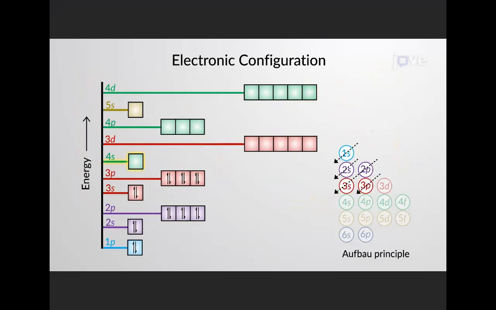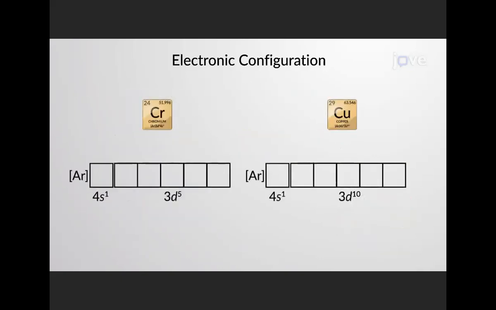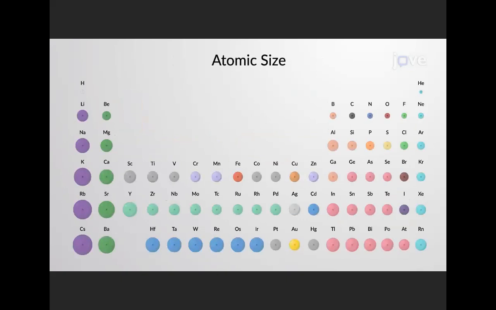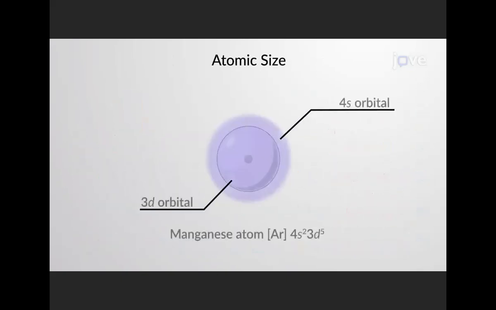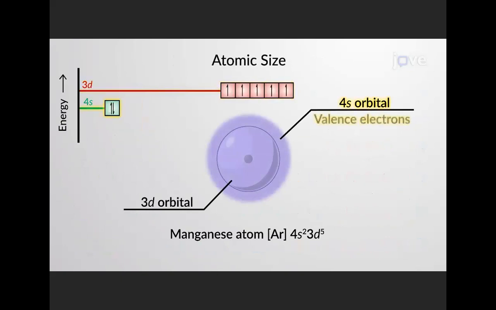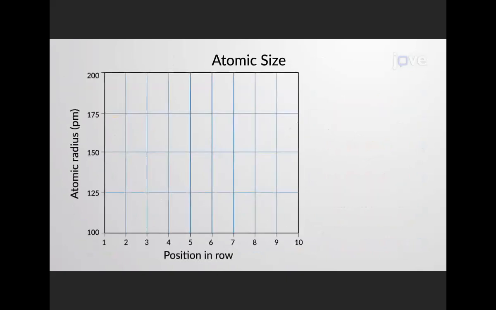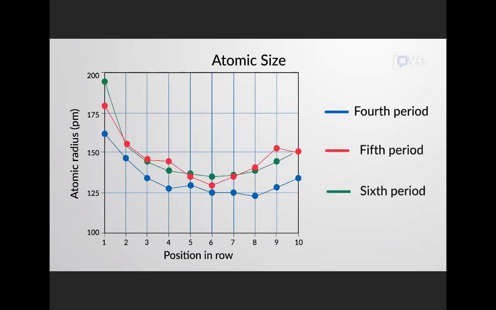However, the outermost s orbital is filled first before the electron enters the n-1 d subshell, with some exceptions. Chromium and copper have a half-filled s orbital because it is energetically more favored to have a half-filled or full d subshell. The atomic size of transition metals decreases slightly across a period. As the electrons enter the d subshell, the number of valence electrons in the outermost s orbital remains steady, leading to an overall constant nuclear charge. Down the column, the trend increases from the 4th to the 5th period, but not below.